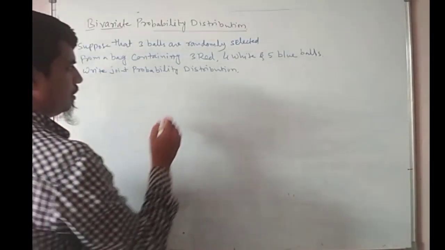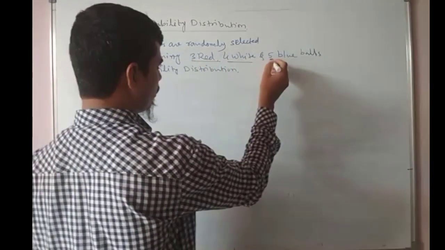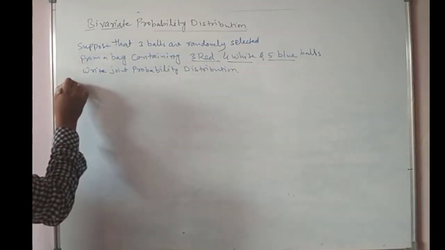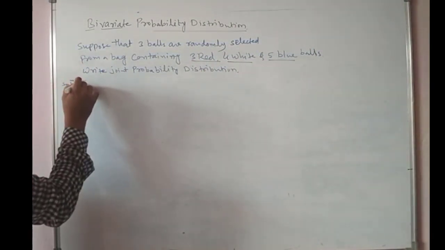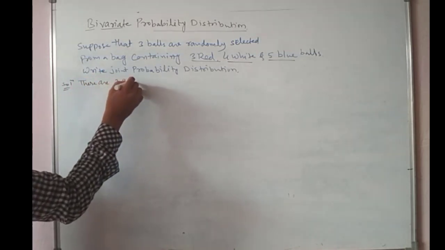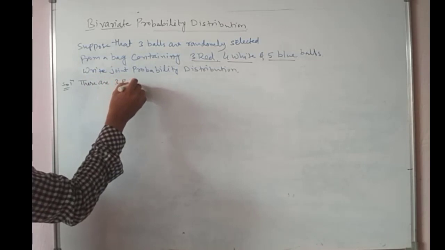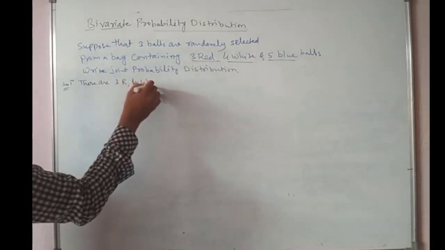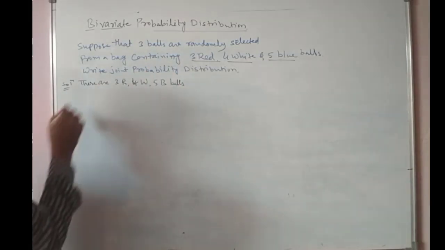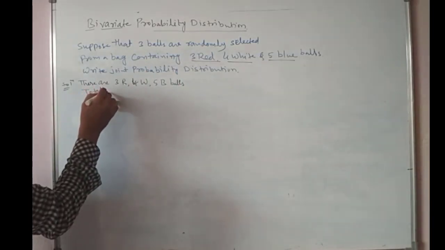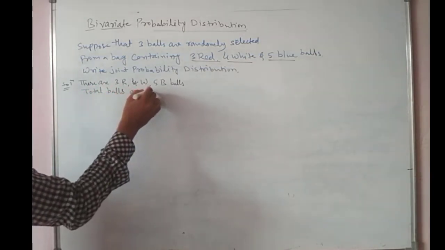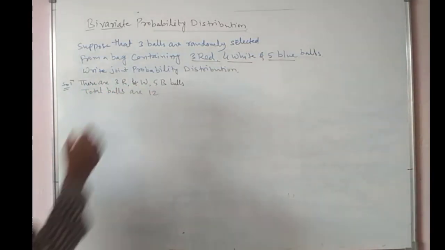There are 3 red balls, 4 white balls, and 5 blue balls. So total balls are 12.